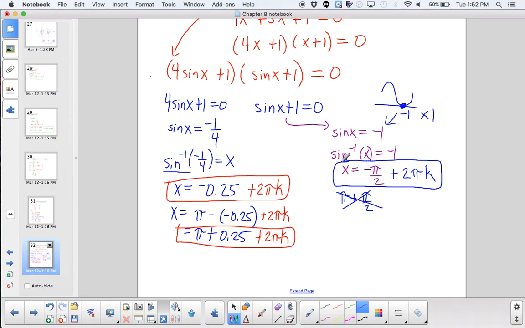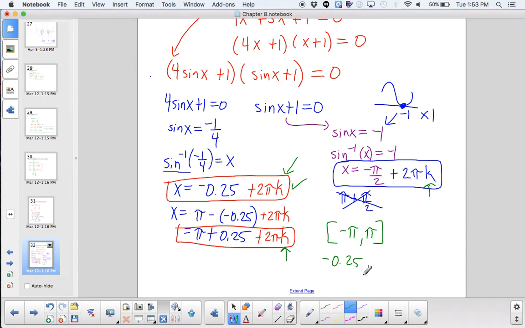All right, so keep in mind it's asking us what the solutions are along the interval from negative pi to pi. And so what we need to do is start looking at each one of these. And of course this negative 0.25 from this equation is going to work if k were 0. So we take that one. And then in the next one, what you want to do is plug in values for k in each one of these and find out how many solutions you get between negative pi and pi.